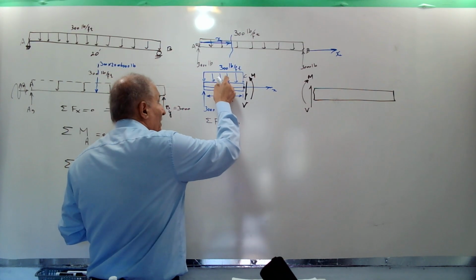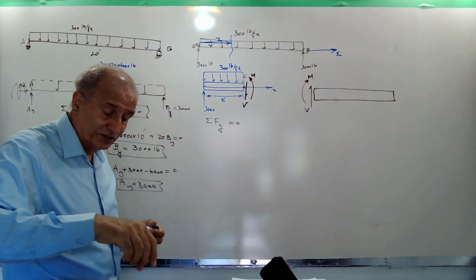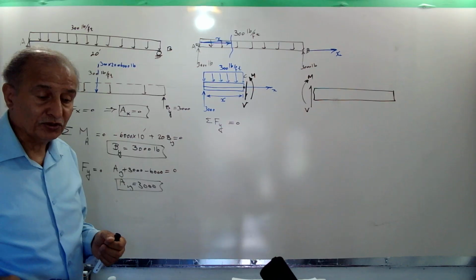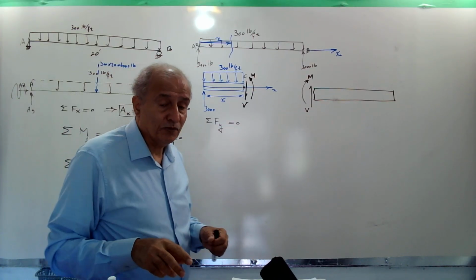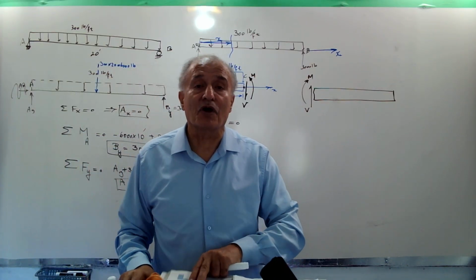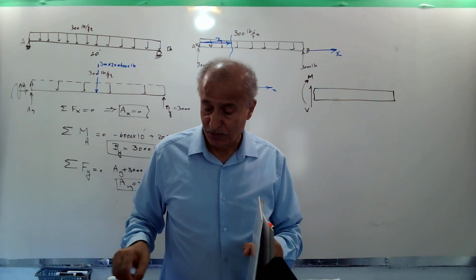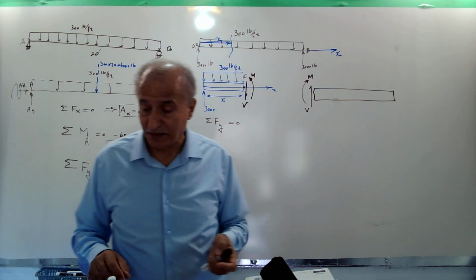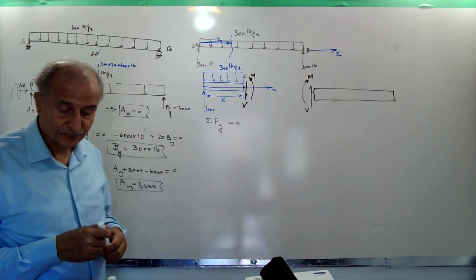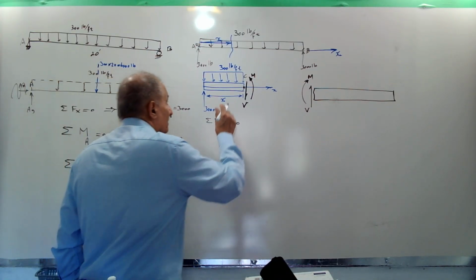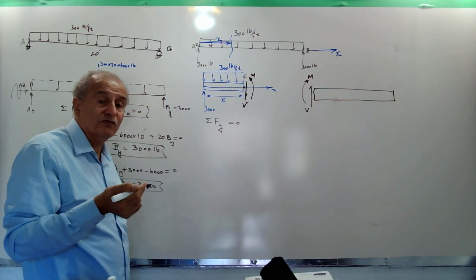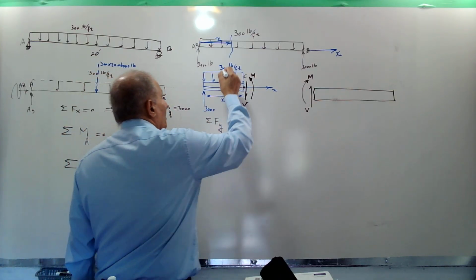Like here, I have to convert this uniform distributed load, because I write the equations of equilibrium, I have to convert it to an equivalent concentrated load that applies to a point. Then the resultant of this 300 pounds per foot will act in the middle of the beam here.